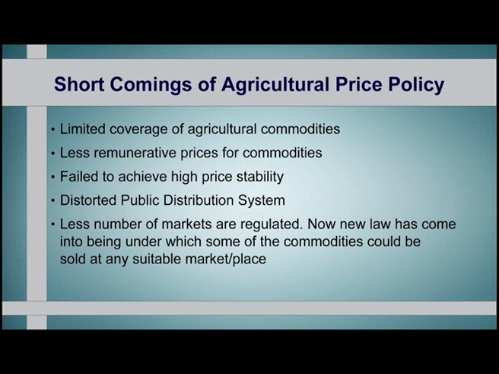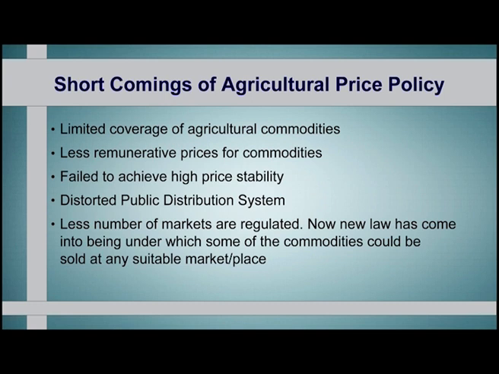It has failed to achieve the high price stability which was expected. There is distortion in the PDS system, and because of the various types of problems in the PDS system, it has not been working well. Nevertheless, this is important and serving a lot, especially the lower strata of the population of the country.